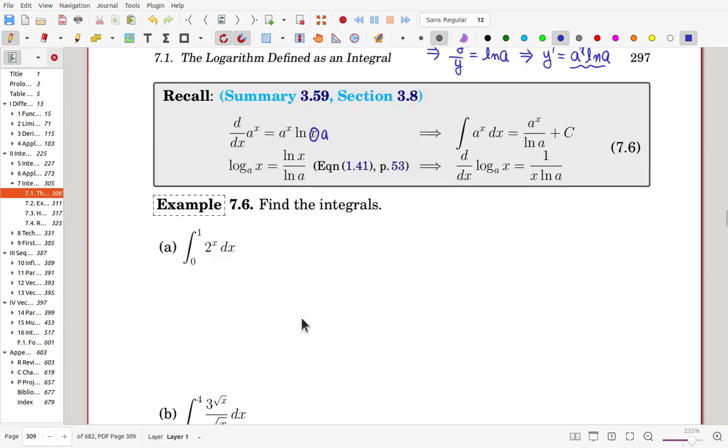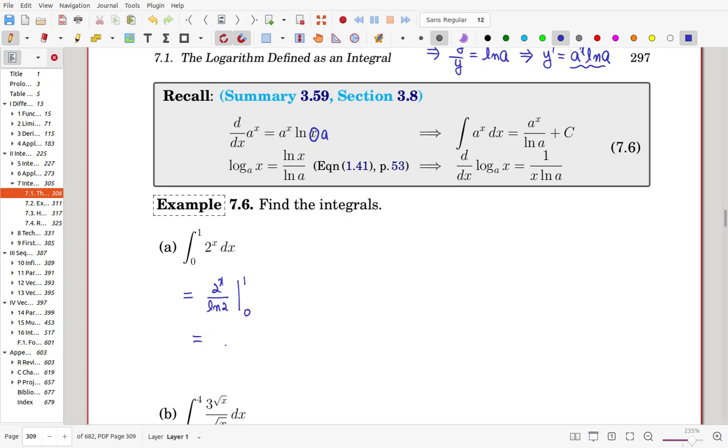Okay, and we'll practice this with the equations. Here, for a to the x, the antiderivative is the same as a to the x over natural logarithm of a, and a is 2, so that is 2 to the x over natural logarithm of 2, and here from 0 to 1, right?